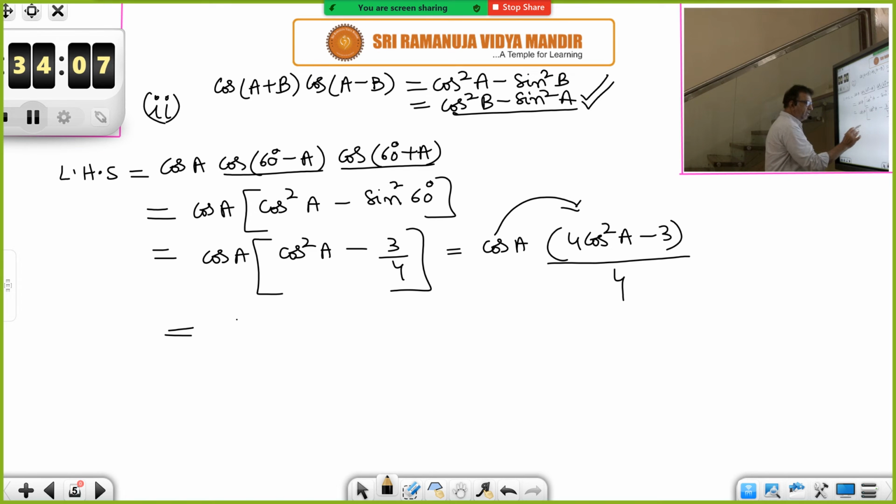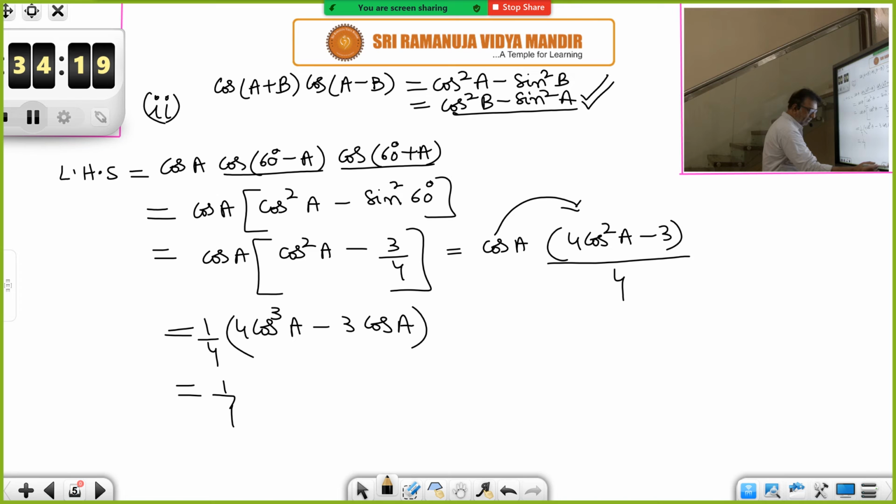Come on, what happens? 4 cos cube A minus 3 cos A. The bracket by 4, we can write it as 1 by 4. So this is 1 by 4, and in the bracket it is the formula for what? Cos 3A.